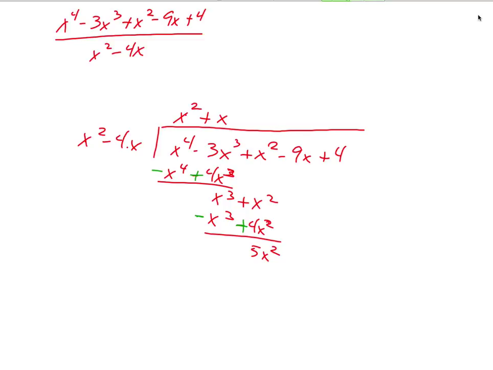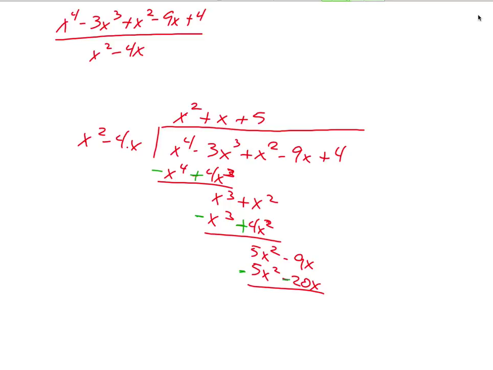Bring down the negative 9x. 5x squared divided by x squared. 5. So 5 times x squared is 5x squared. 5 times negative 4x is negative 20x.